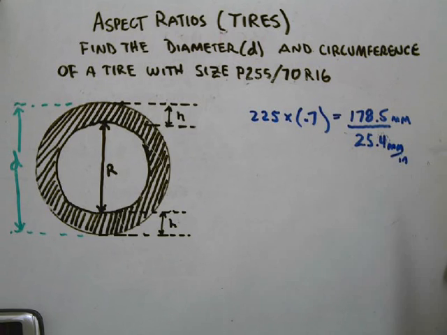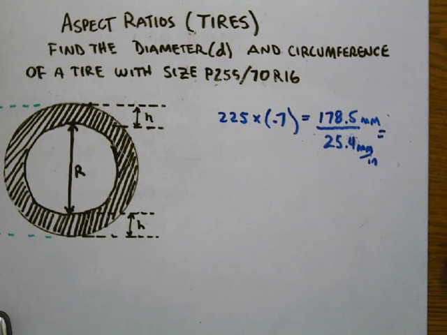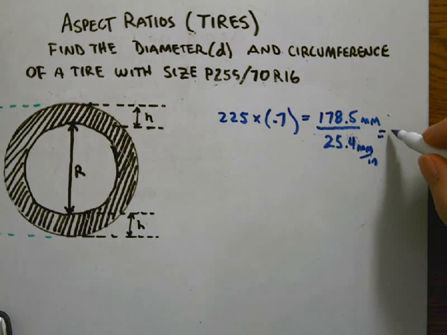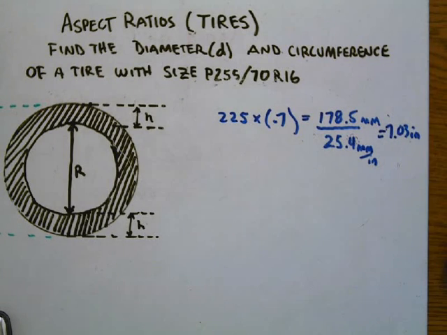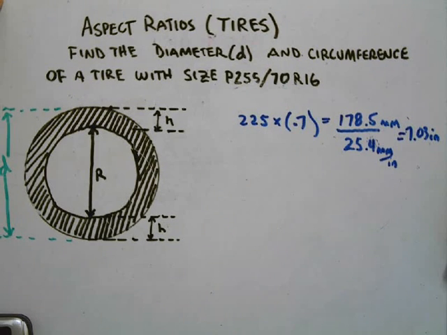This is in the denominator, so when you flip it, it becomes the numerator, so millimeters cross out and you're left with inches as your answer. So that's basically all we're trying to do, is convert that to inches. And that turns out to be about 7.03 inches.